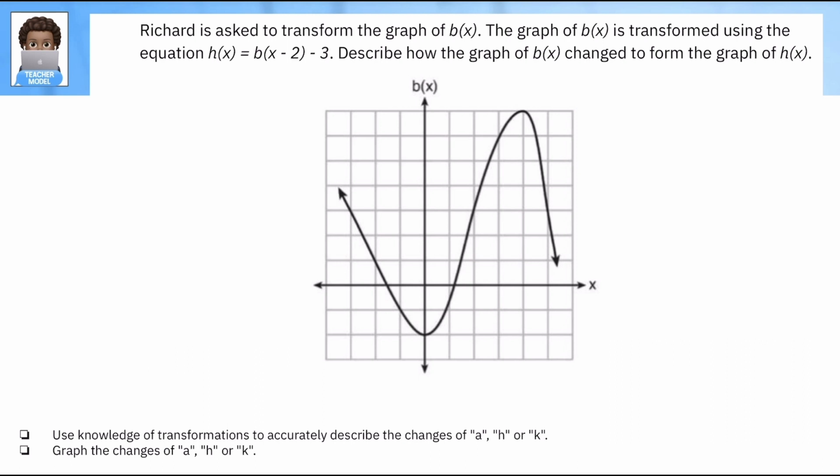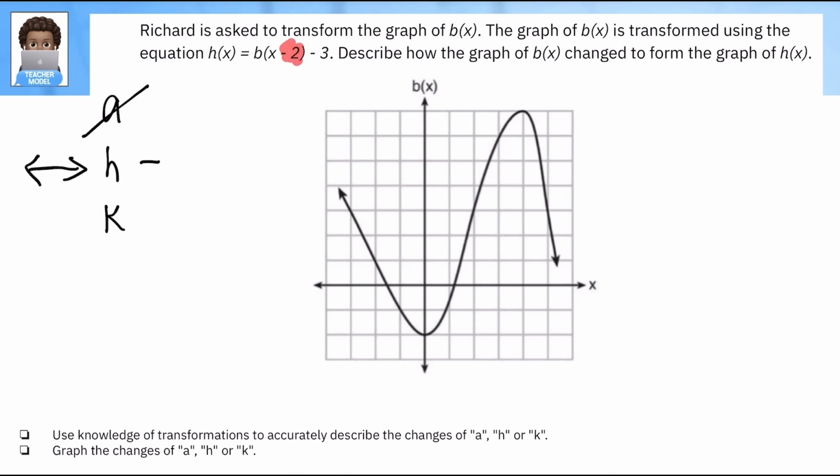All right, so let's see what you came up with. Just looking again, what are you noticing? Did you notice a shift happening, a transformation based on A, H, or K? So what I'm seeing honestly is nothing in A, but I am seeing H and K. Because I see a negative 2 happening here, we know that we're going to shift.